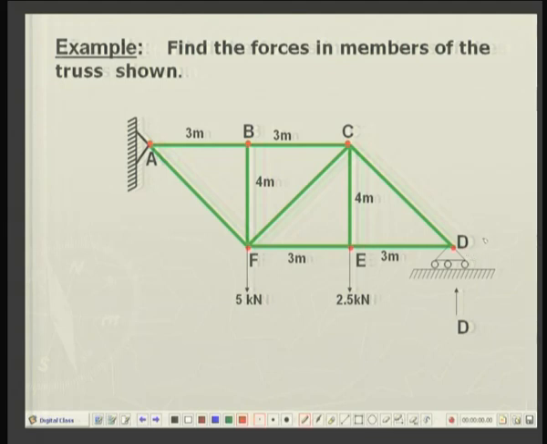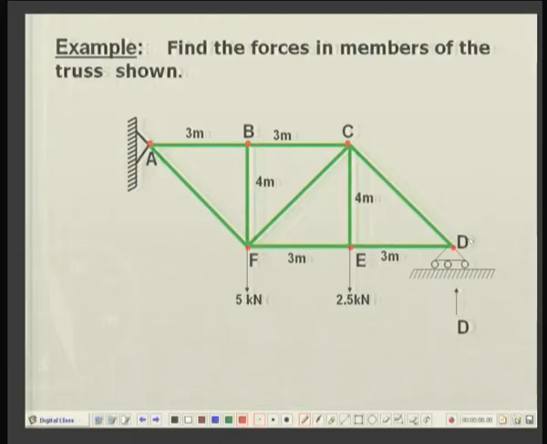It cannot sustain any horizontal reaction because of the rollers, it will start translating. So, there are two at A and one at D. So, three reactions, and the conditions of equilibrium available in a plane for such a truss are also three. So, the truss is soluble, hence we can say that it is statically determinate.